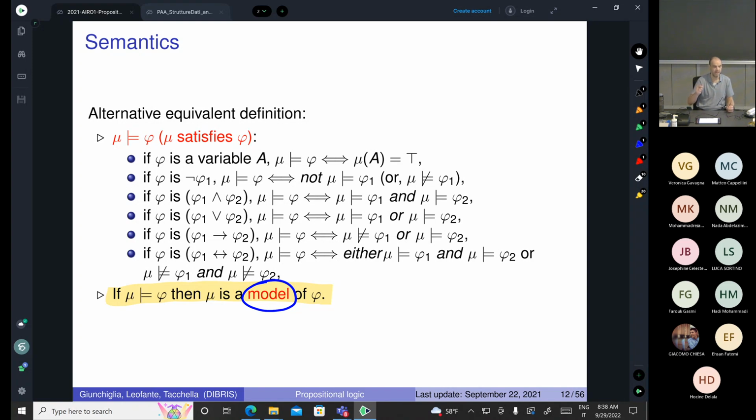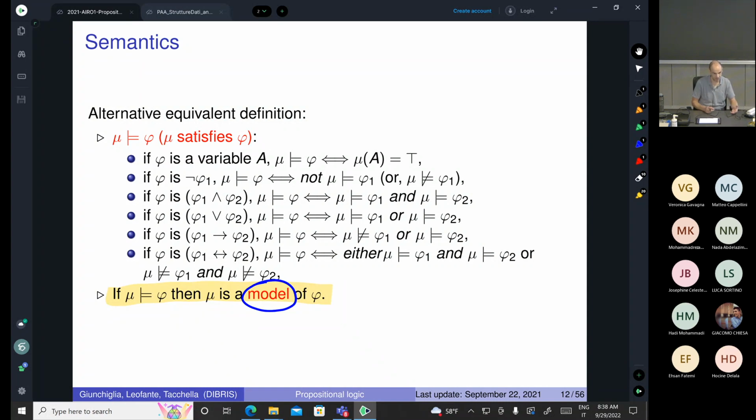Now we'll see what happens when, for instance, a sentence has no model, meaning that no matter how you assign the variables, the outcome is always false. Or every assignment is a model, meaning that no matter how you assign the variables, the outcome is true. We are going to introduce some more terminology that I spared you last time because it was already a lot.